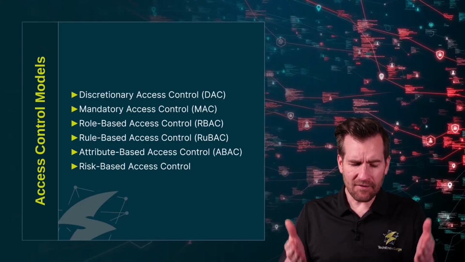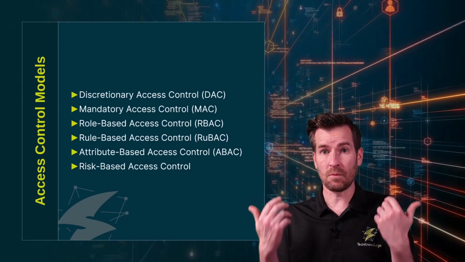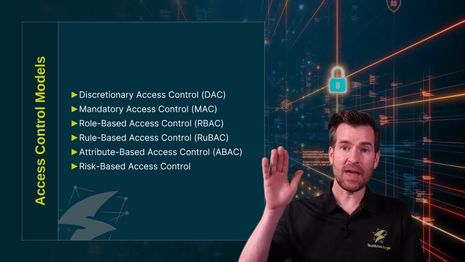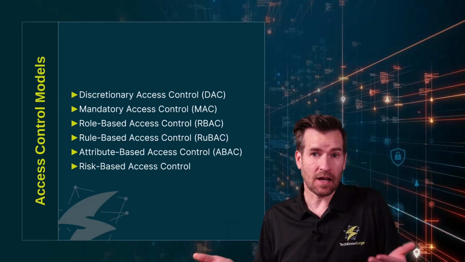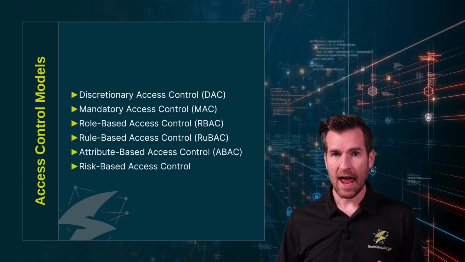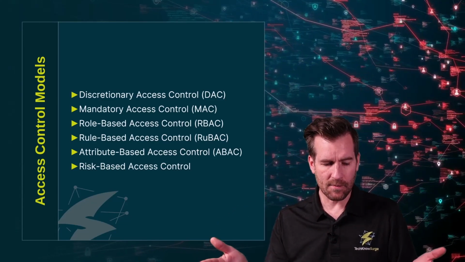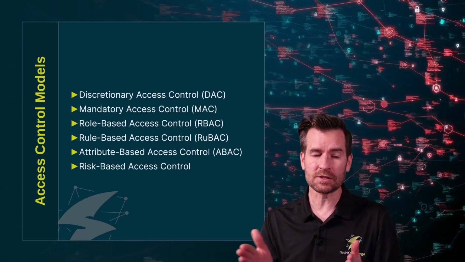So there's a lot of options that are out there, and like I say, it's going to be pretty common for you to use multiple. So the companies that I've worked for in the past have really used a role-based access control method. But on our firewalls, we always did rule-based access control. And then there were certain resources that were shared out to everybody, but people could go in there and adjust the permissions to only share with certain people.